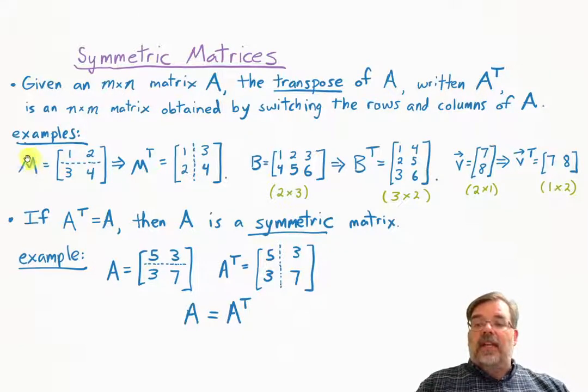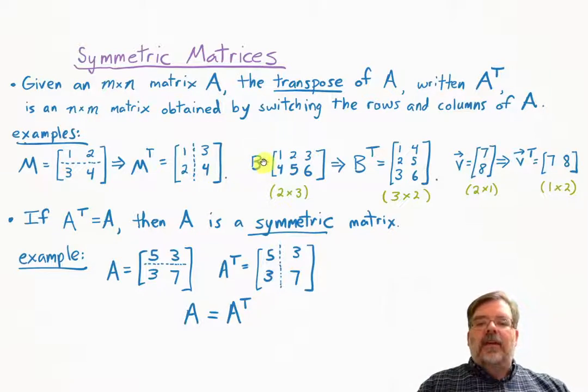So for instance, if M is the 2 by 2 matrix 1, 2, 3, 4, then M transpose will also be a 2 by 2 matrix, but that first row, 1, 2, becomes the column 1, 2. The second row, 3, 4, becomes the second column 3, 4.